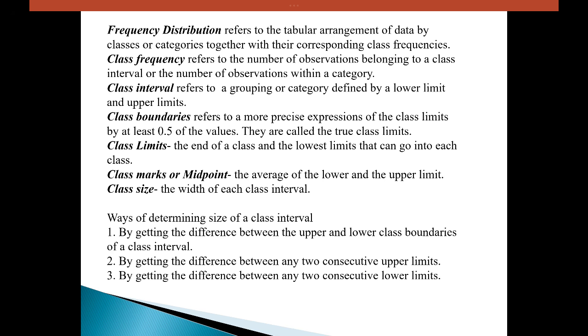How do you determine the size of a class interval? Number one, get the difference between the upper and lower class boundaries if they are given. Number two, get the difference between two consecutive upper limits if they are given, or the difference between any two consecutive lower limits if the lower limits are given to you.